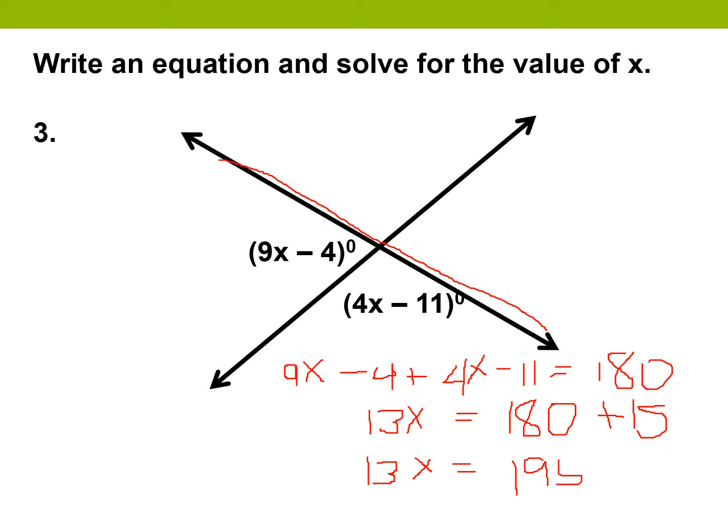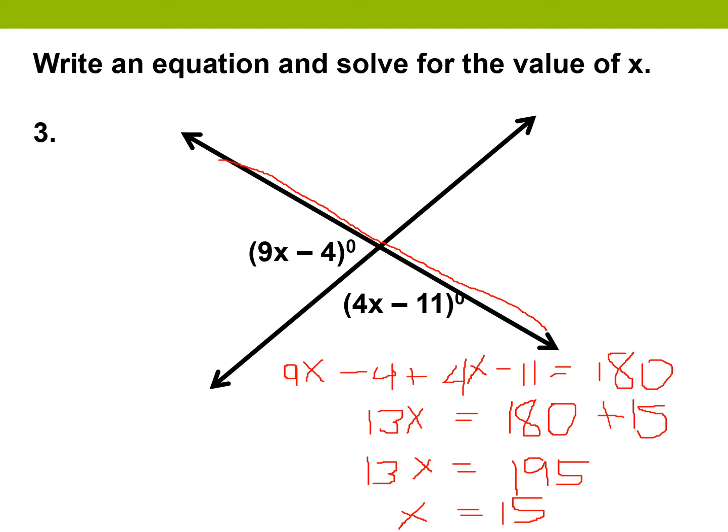So dividing both sides by 13, the answer is x equal to 15. Tama? So 13 times 15 is 195. Questions? None? Okay. So, substituting our value of x in 9x minus 4 plus 4 times 15 minus 11, the answer must be equal to 180 degrees.